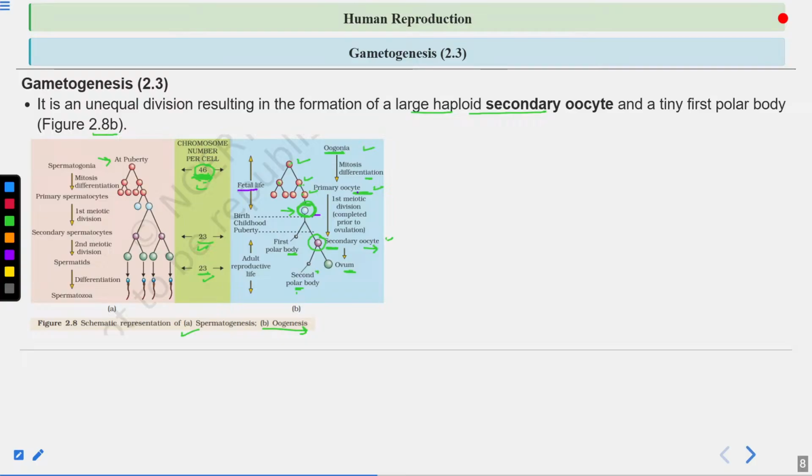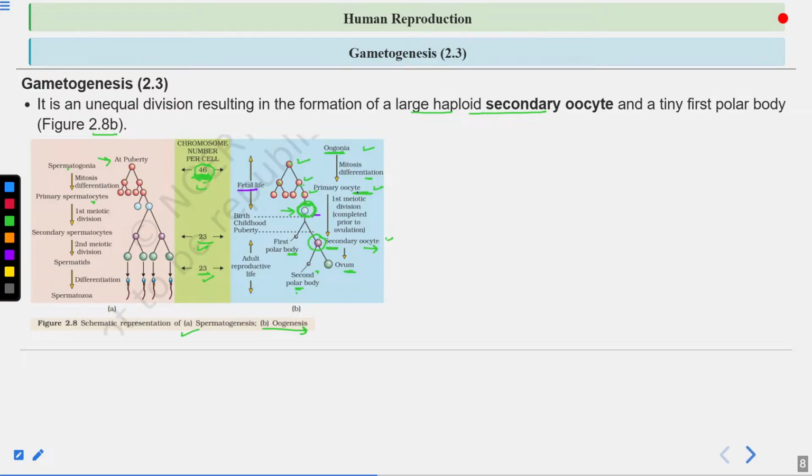And it is quite simple. You can see spermatogonia, which are diploid. Some of the spermatogonia form the primary spermatocyte, which will again be diploid. Primary spermatocytes undergo the first meiotic division to form secondary spermatocytes. Secondary spermatocytes undergo the second meiotic division to form spermatids. Four spermatids are formed from one primary spermatocyte, and finally spermatozoa are formed.